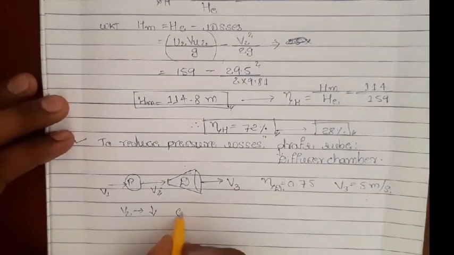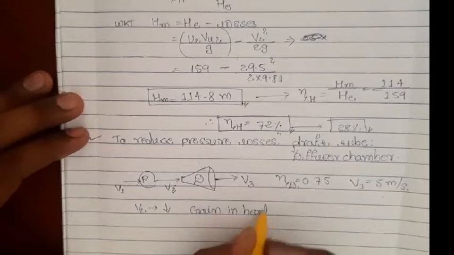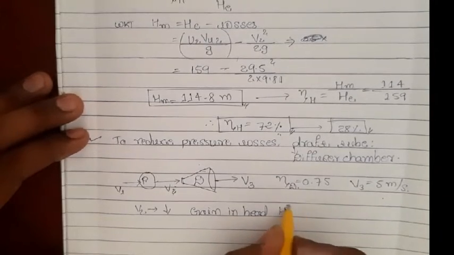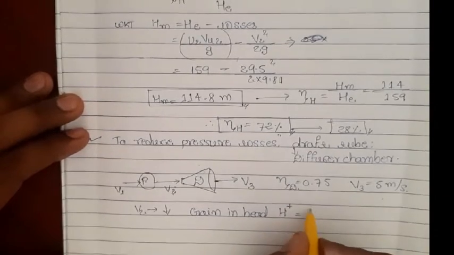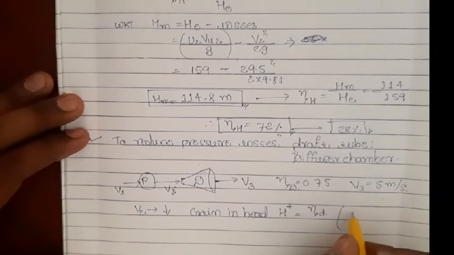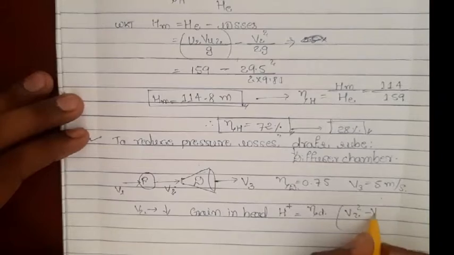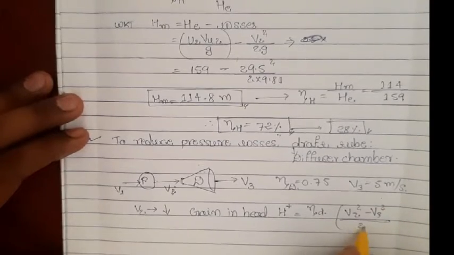So now the gain in head, let me call it H plus, is equal to the efficiency of the diffuser into the gain in the kinetic head, that is V2 square minus V3 square whole divided by 2g.